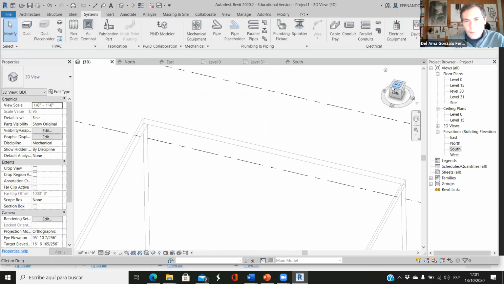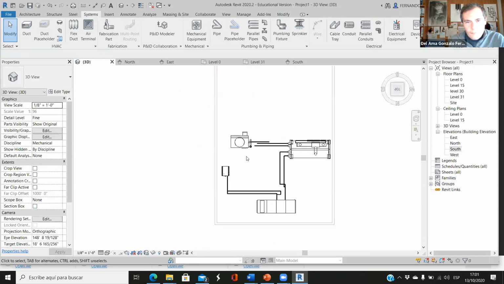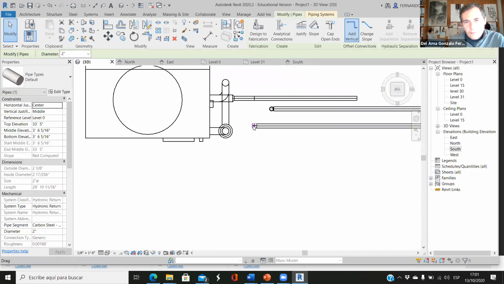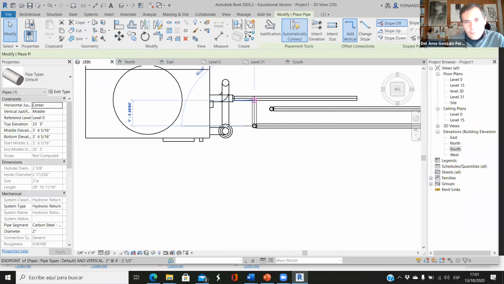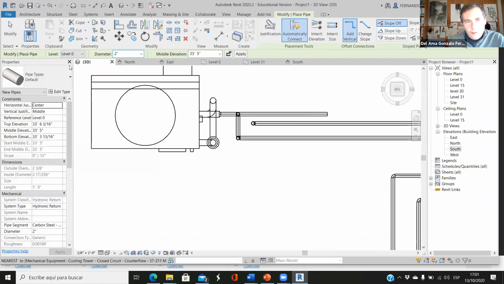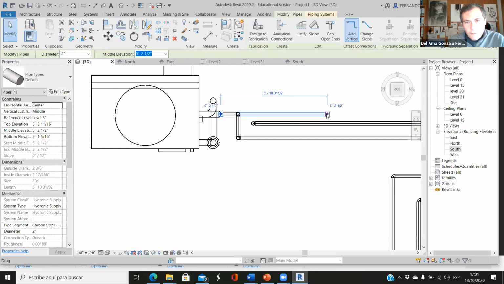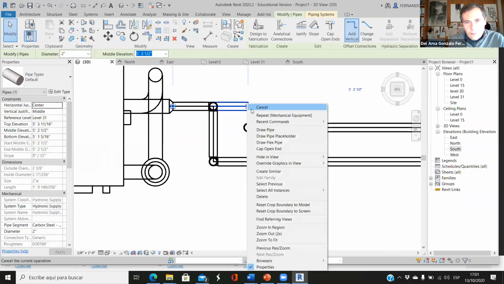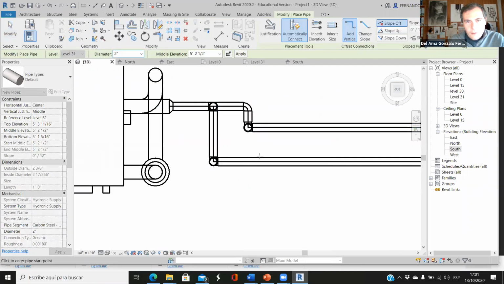So we can go to the top level. And from this one, and then from that one here, connect it here.